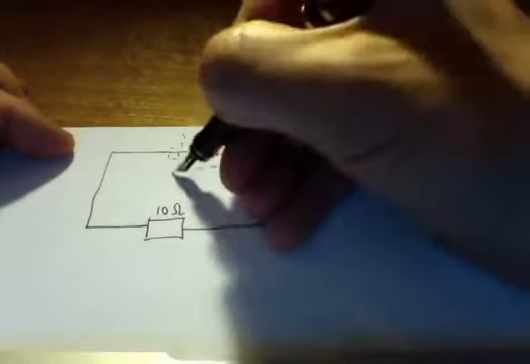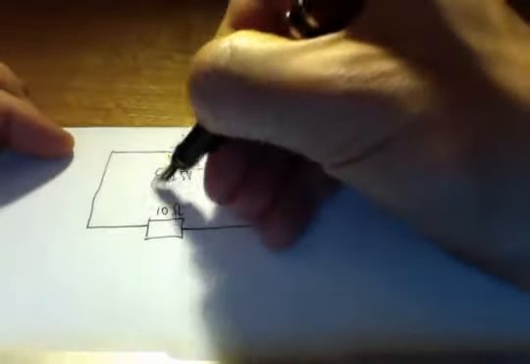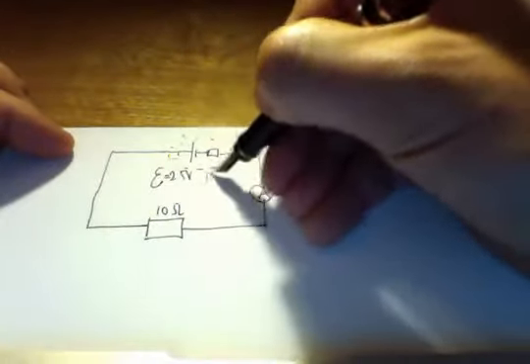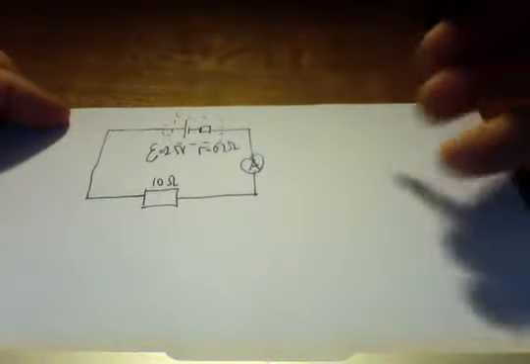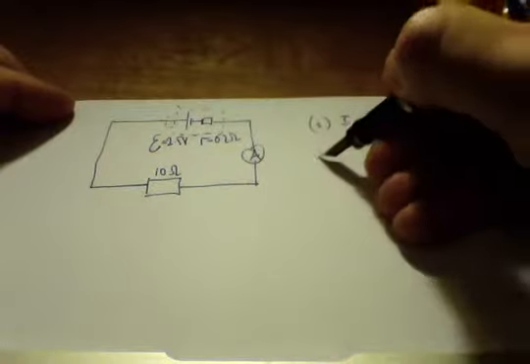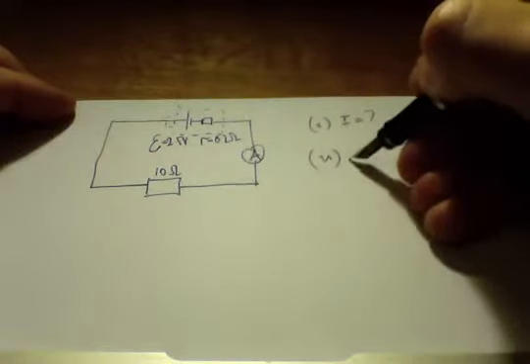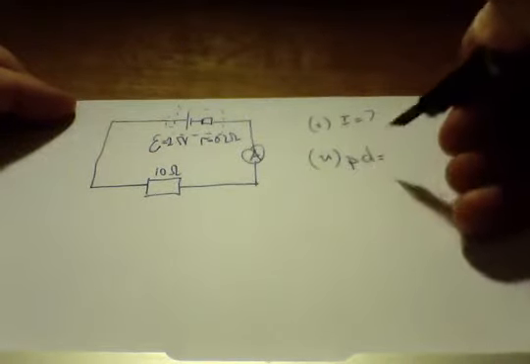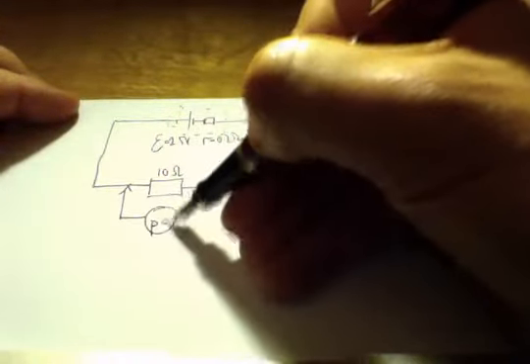I've got an EMF of 2.5 volts and an internal resistance of 0.2 ohms. Now, first question is, what's the current that's being drawn? And therefore, what's my potential difference over the 10 ohm resistor?